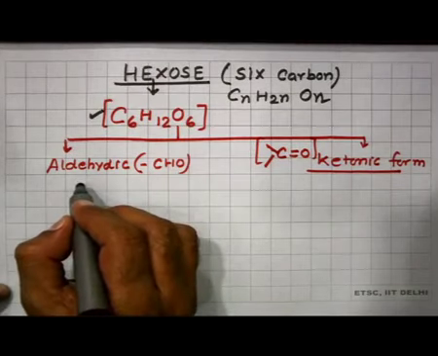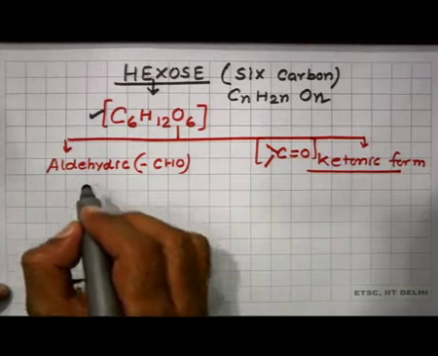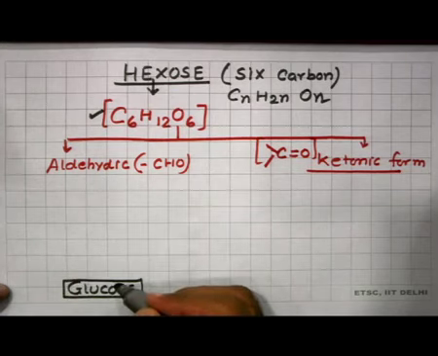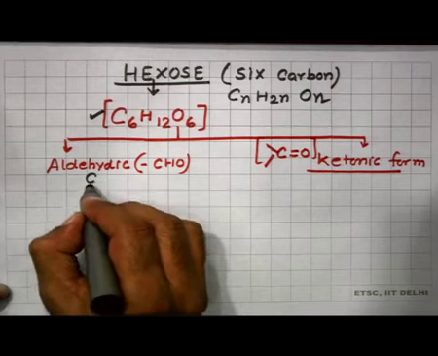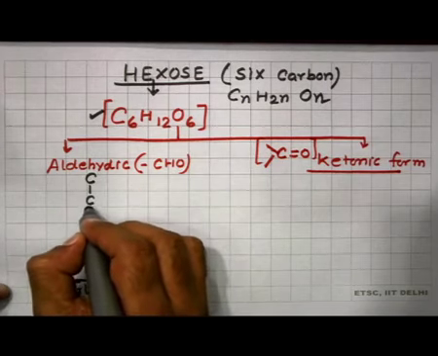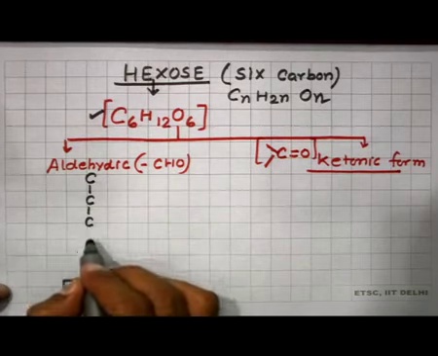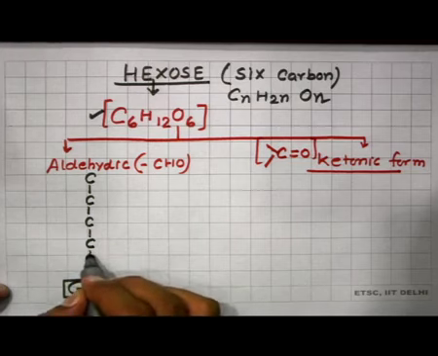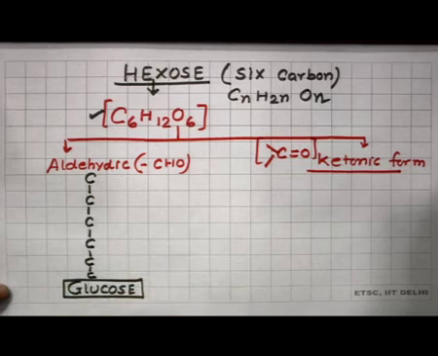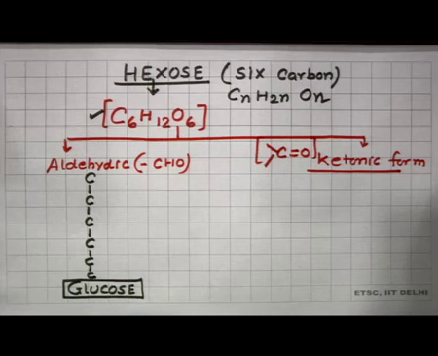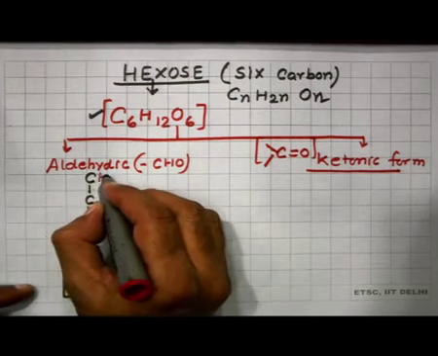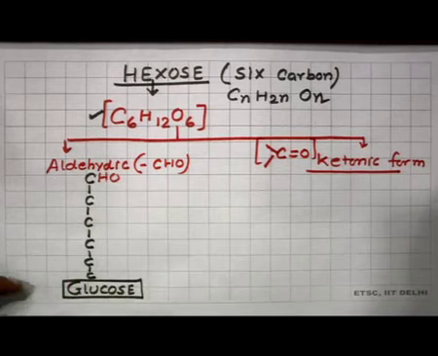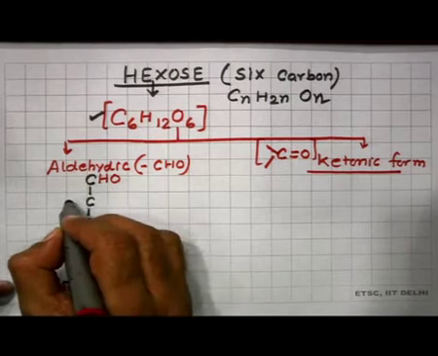So, the glucose structure contains carbon 6. So, we can easily write the structure of glucose. In glucose how much carbon? Okay, that is 6. So, you can write 6 carbon in a linear way, 3, 4, 5 and 6. Now, what will be the position of CHO? At 1 position. And what will be the position of H and OH?